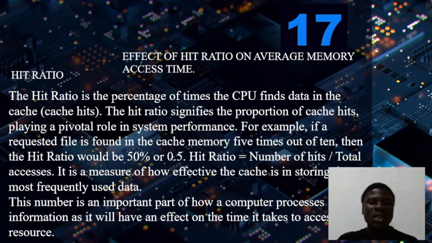Hit ratio is a measure of how effective the cache is in storing the most frequently used data, as explained previously. This number is an important part of how a computer processes information, as it will have an effect on the time it will take to access resources.